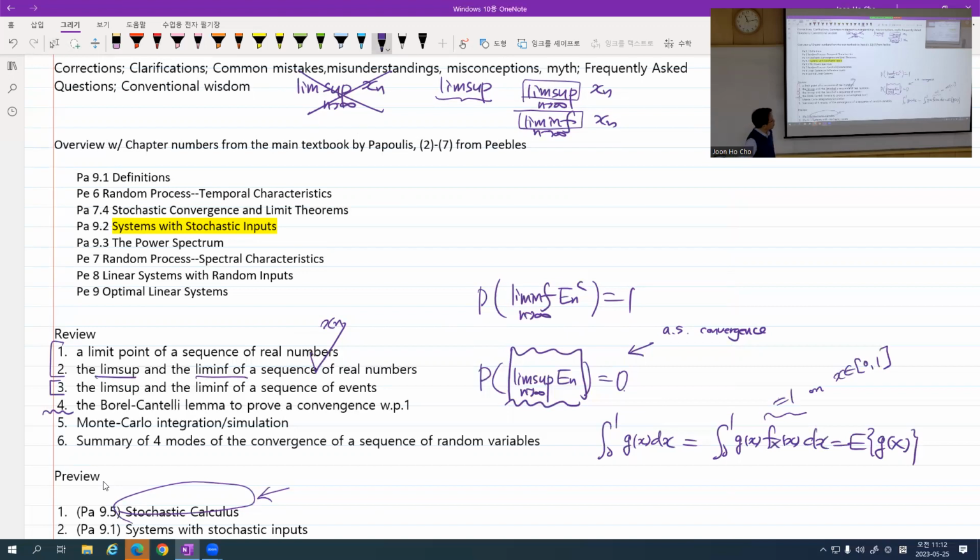So you can convert an integral form into an expectation, and then what? You use the law of large numbers to approximate.